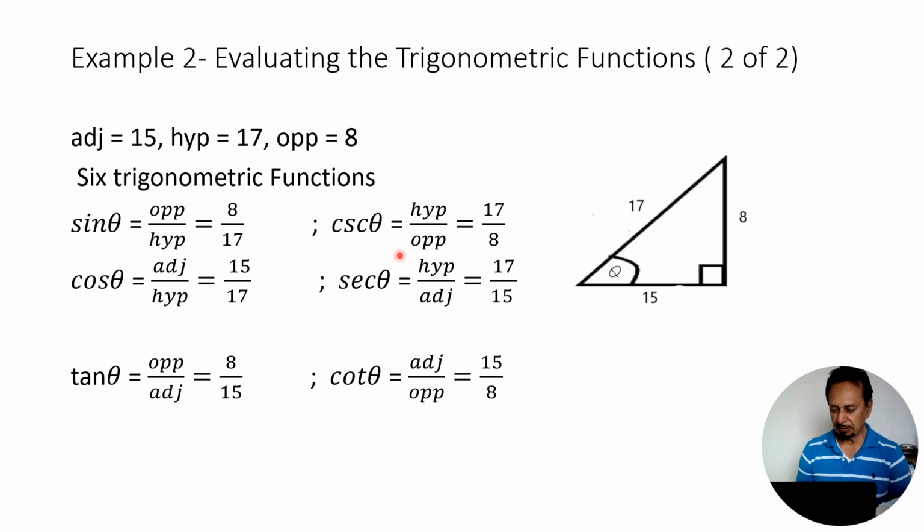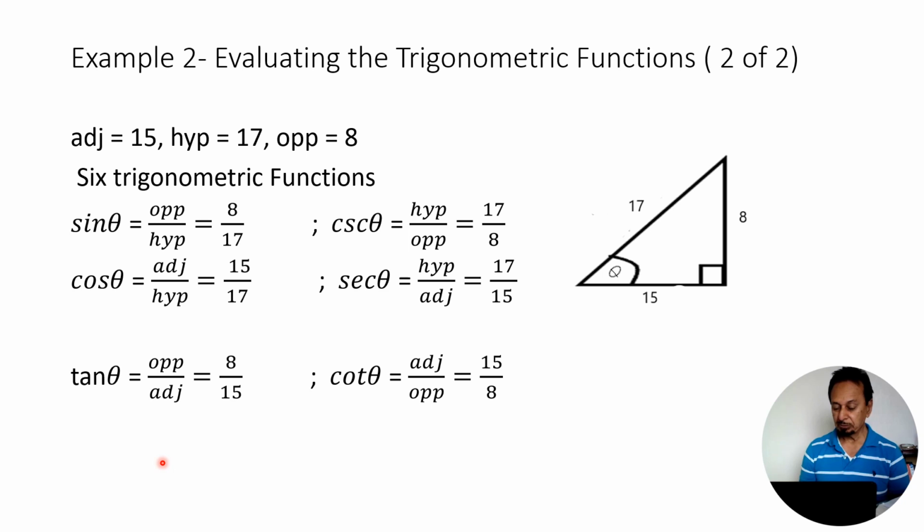Then cosecant theta is the hypotenuse over opposite, so we get 17 over 8. Cosine theta was given as 15 over 17. Secant theta is hypotenuse over adjacent, 17 over 15.